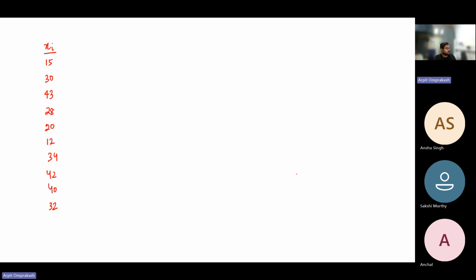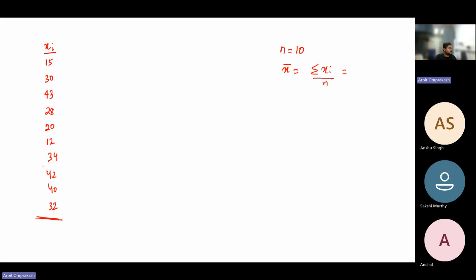Right. Once we have xi, we can write a few things. First of all, n is basically 10. Then we need to calculate x bar. That is given by the sum of all xi divided by n, right?